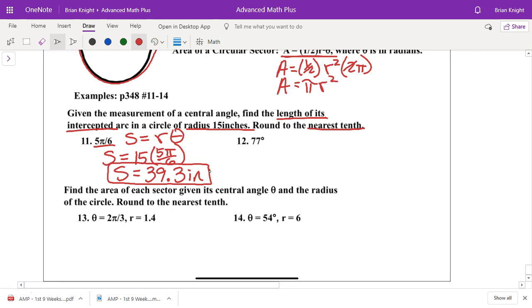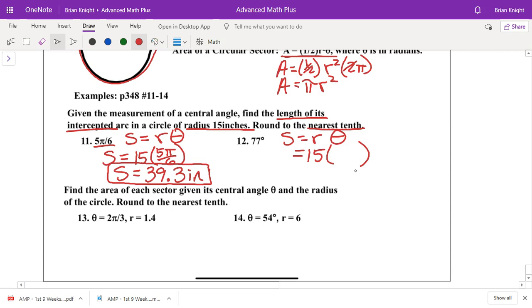What's wrong with 12? It's in degrees. So you can do one of two things. You can change it to radians to begin with, or you can just include the conversion in your equation. I'm going to say S equals R theta again. So we're still going to have 15. And 77, what do I multiply it by to get radians?